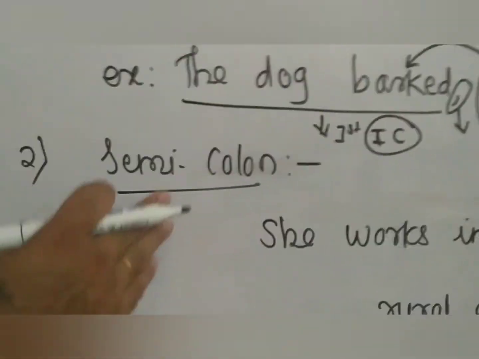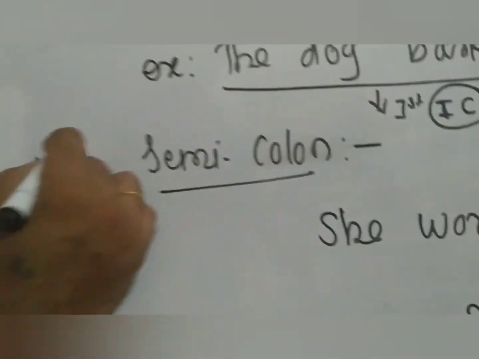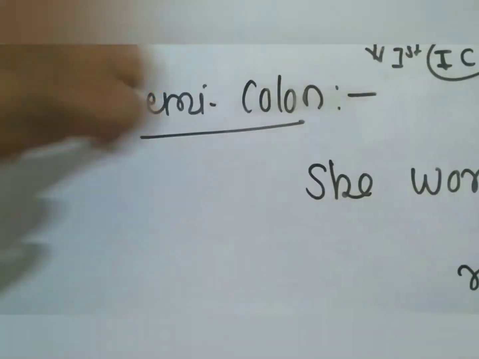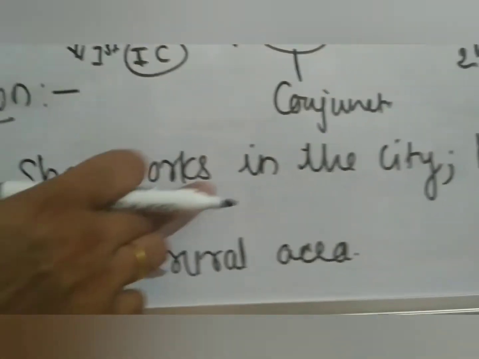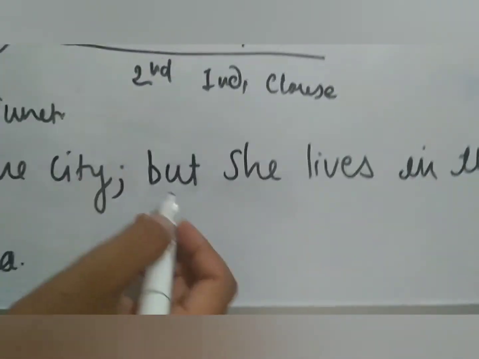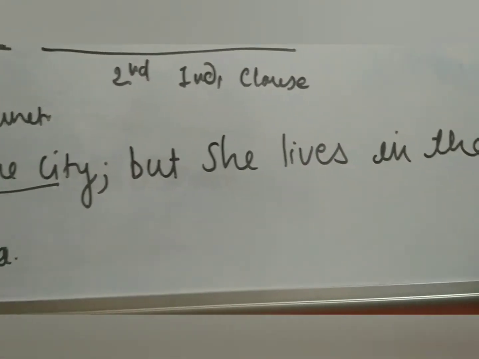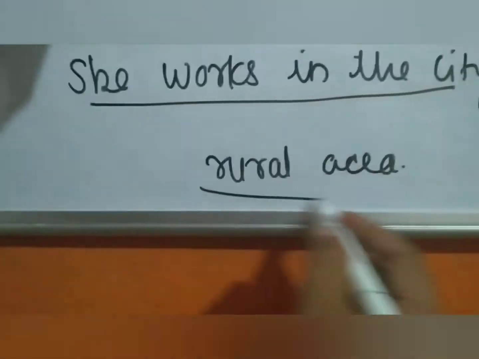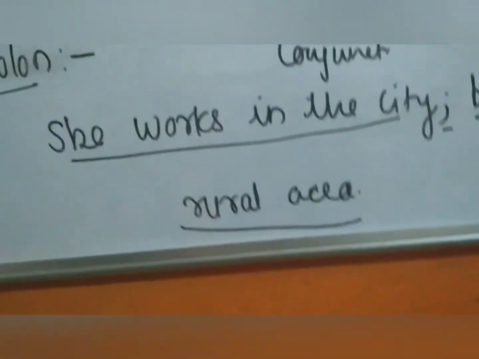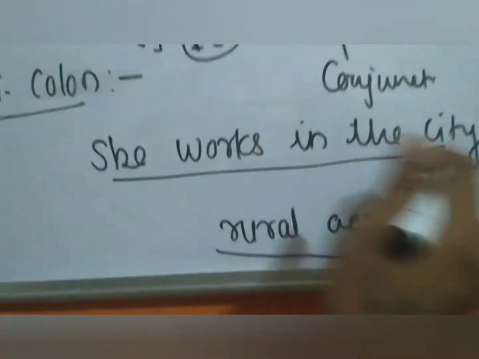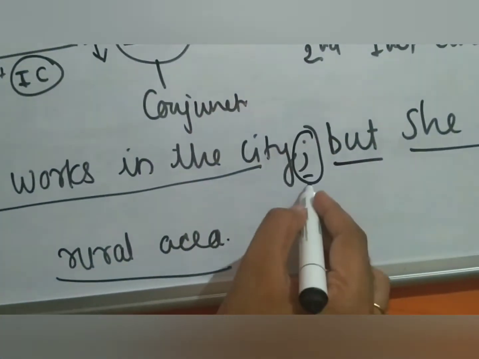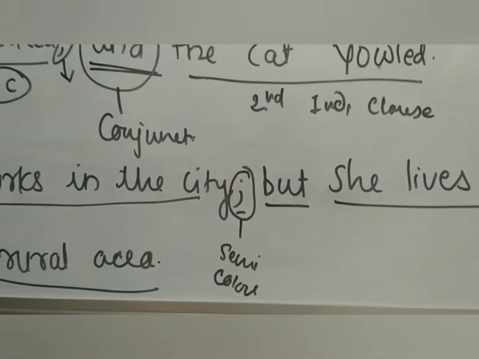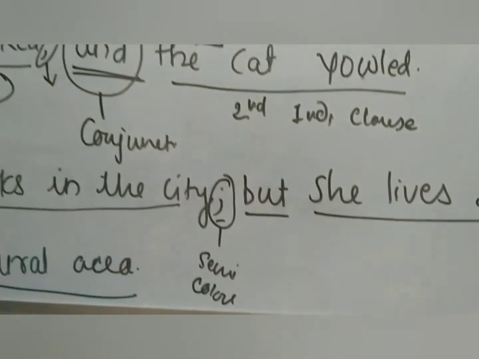Now we use the semicolon. Second, when we write the compound sentence, at that time we also use the semicolon. Now see the example. She works in the city, but she lives in the rural area. Now friends, after 'she works in the city' there is a semicolon. It is called the semicolon symbol, a dot and a comma.